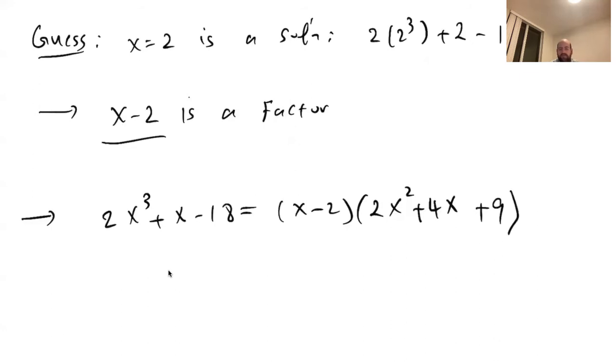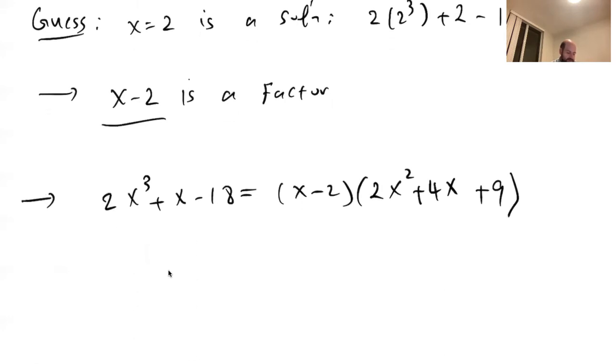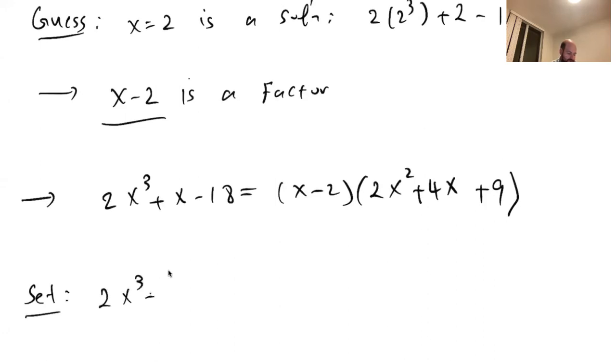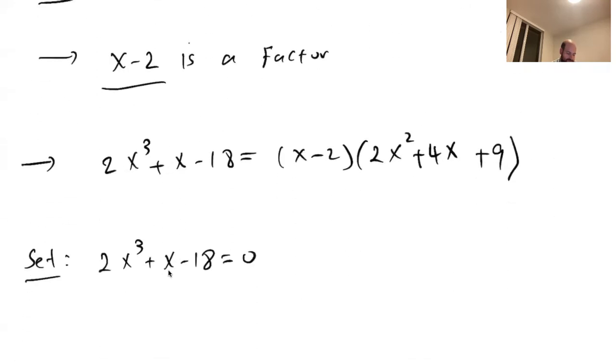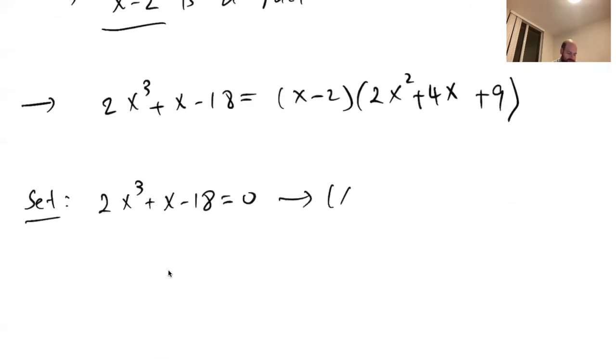So I found the second factor by guessing, basically. But if you're not comfortable with this, you can of course do the long division. So 2x cubed plus x minus 18 can be written as x minus 2 times 2x squared plus 4x plus 9. Now set 2x cubed plus x minus 18 equals 0, because this was the equation that we were trying to solve. Then x minus 2 times 2x squared plus 4x plus 9 is 0.